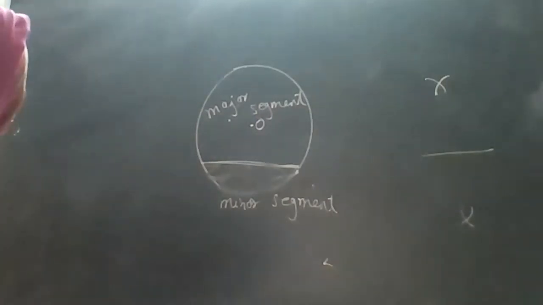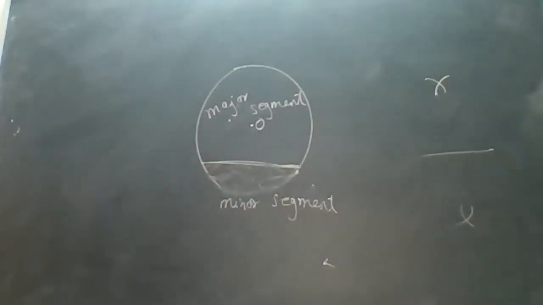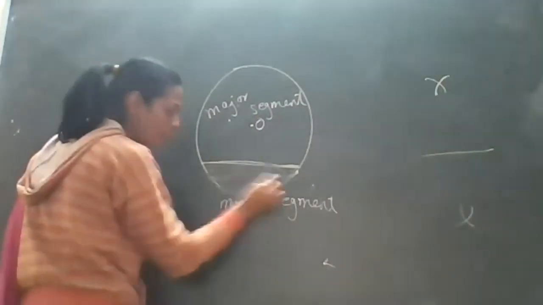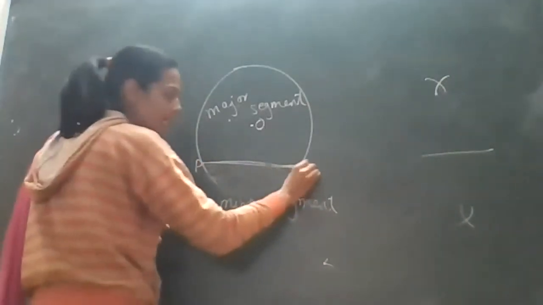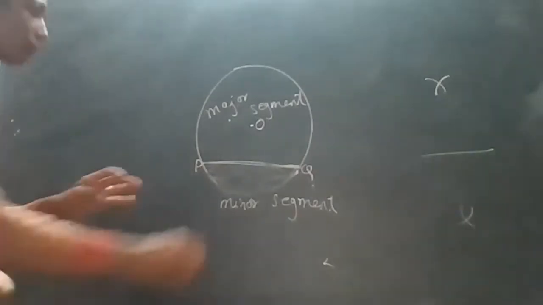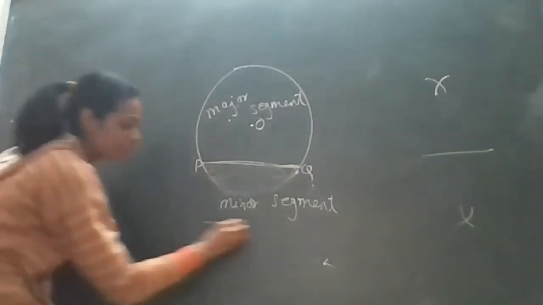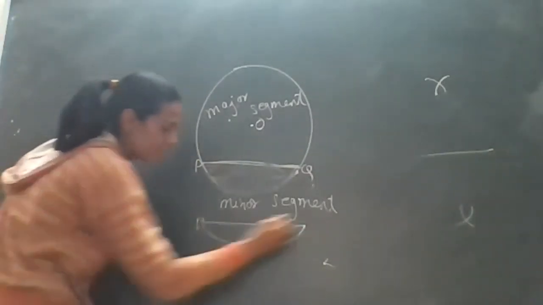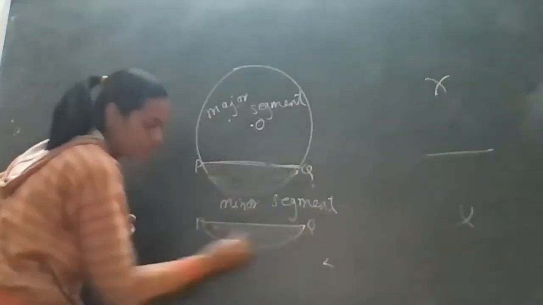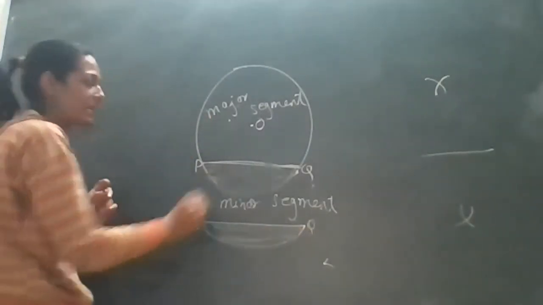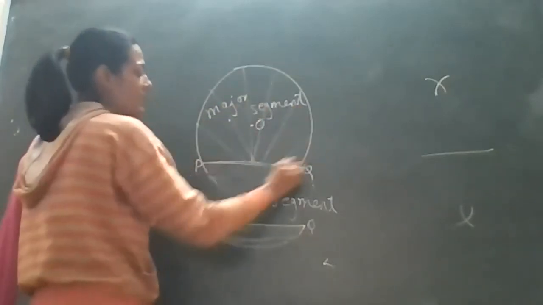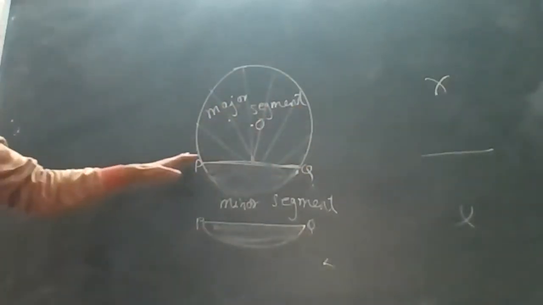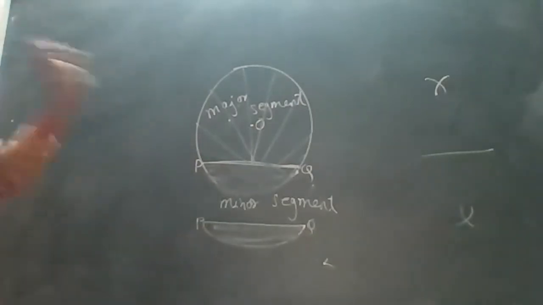Clear? So here this whole part is called a minor segment, meaning P and Q are given. This whole PQ part is the minor segment of this circle, right? And the remaining part is called the major segment. That is also PQ, but it is the whole part.